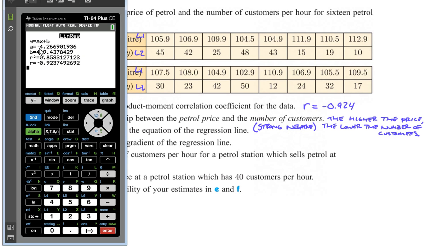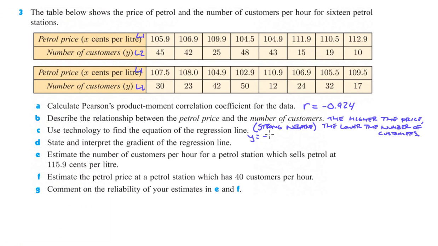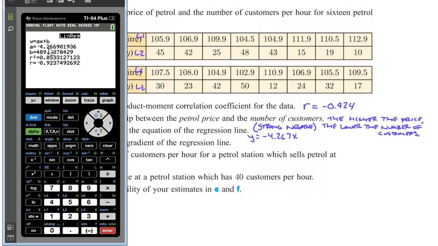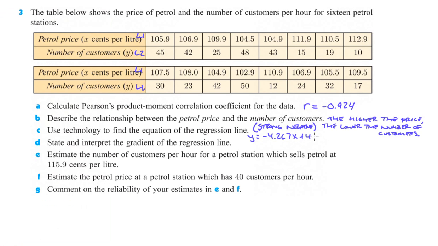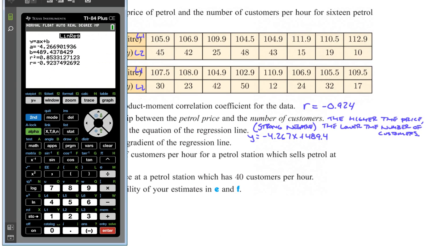So Y equals negative 4.269x plus 489.4. Is that what we came up with?